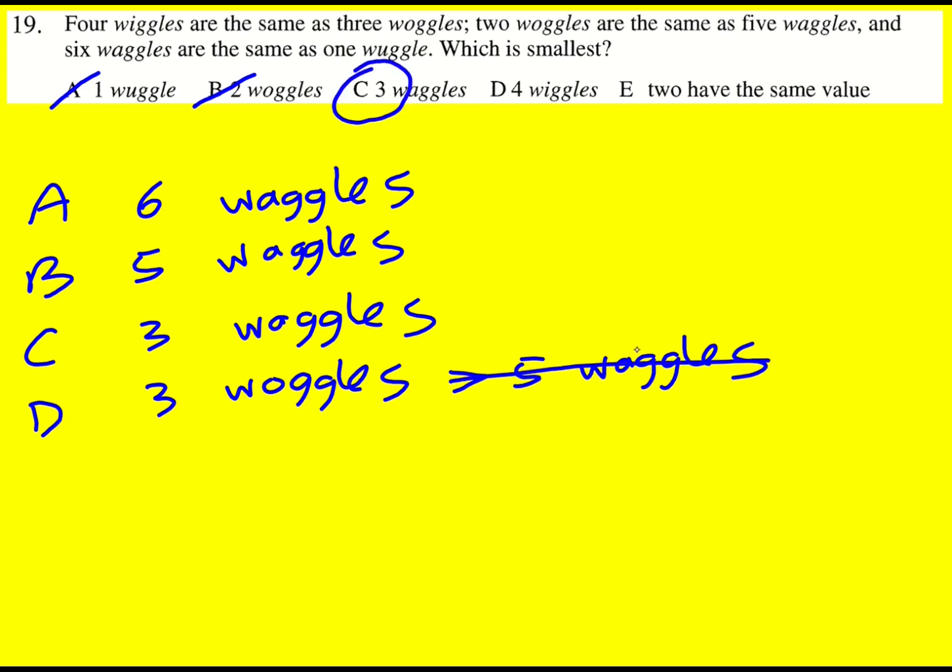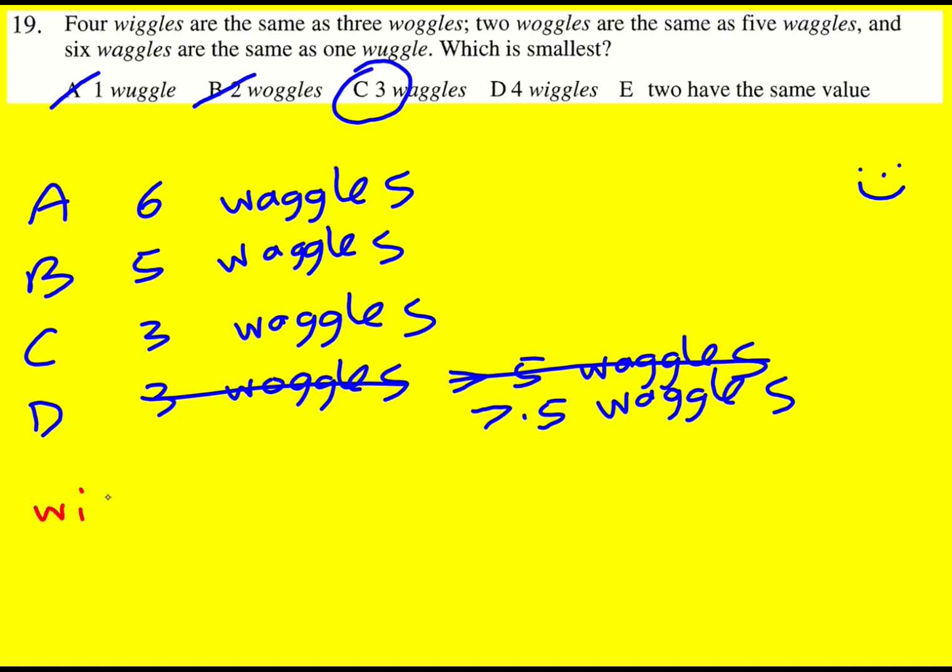We could even do it a little bit better and get it in terms of waggles. So if 2 woggles was 5 waggles, we times it by 1.5, so it's actually going to be 7.5 waggles for D. So there we go, that is our answer. 3 waggles is the smallest.